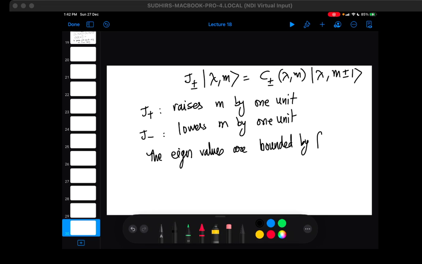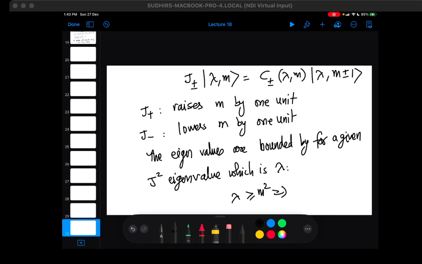For a given λ, λ can be at most greater than or equal to m square. So you'll have λ minus m square greater than or equal to 0. So this is bounded essentially. So there is a bound.